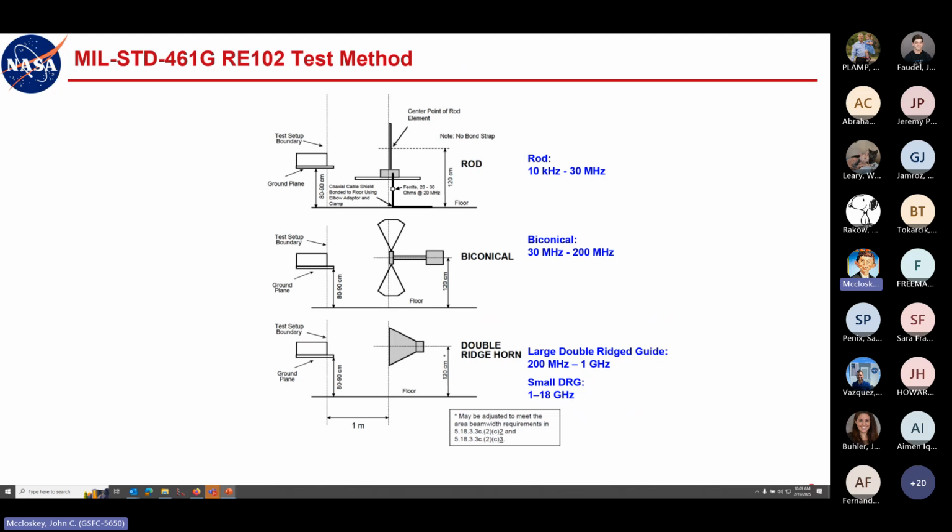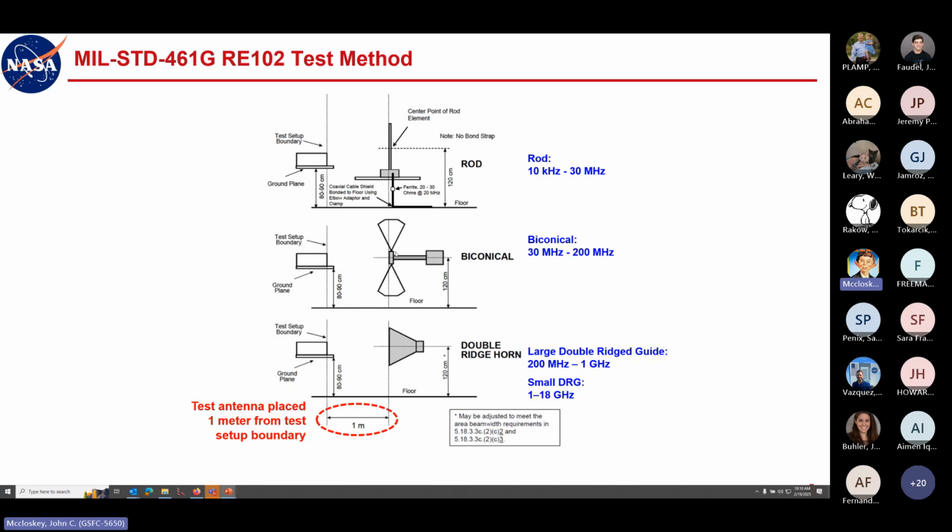So if we look at the RE102 test method, we have these different antennas we use in these different frequency ranges. One thing I'll point out here is the RE102 method specifies 1 meter distance from the test antenna to the setup boundary. I'll talk a bit more about this in the RE102 session coming up probably in a few weeks. But even if you just look at these figures, take them at face value.